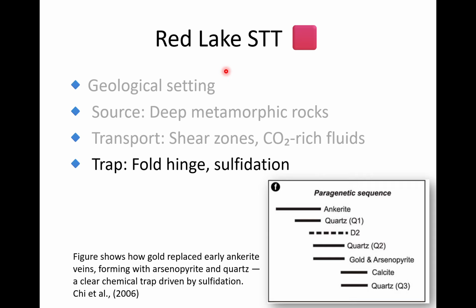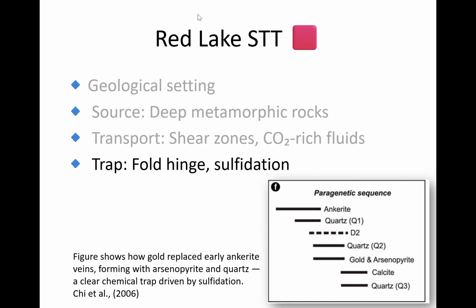Gold deposition at Red Lake was controlled by both structural and chemical traps. Structurally, as the transpressional shear zones moved, they created dilation sites such as fault hinges and breccia zones.